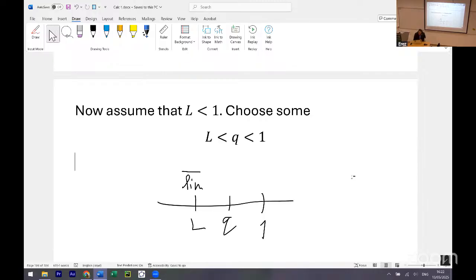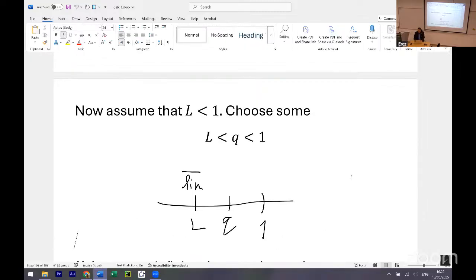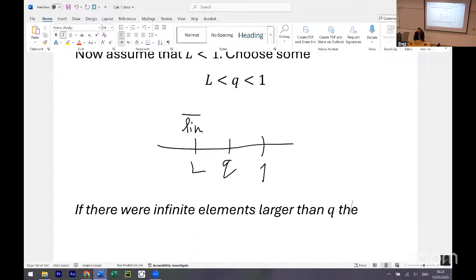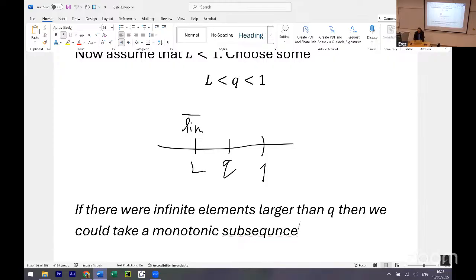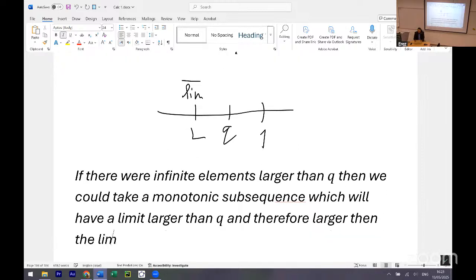I'll try to write some of what I said down. If there were infinite elements larger than Q, then we could take a monotonic subsequence which will have a limit larger than Q and therefore larger than the lim sup.